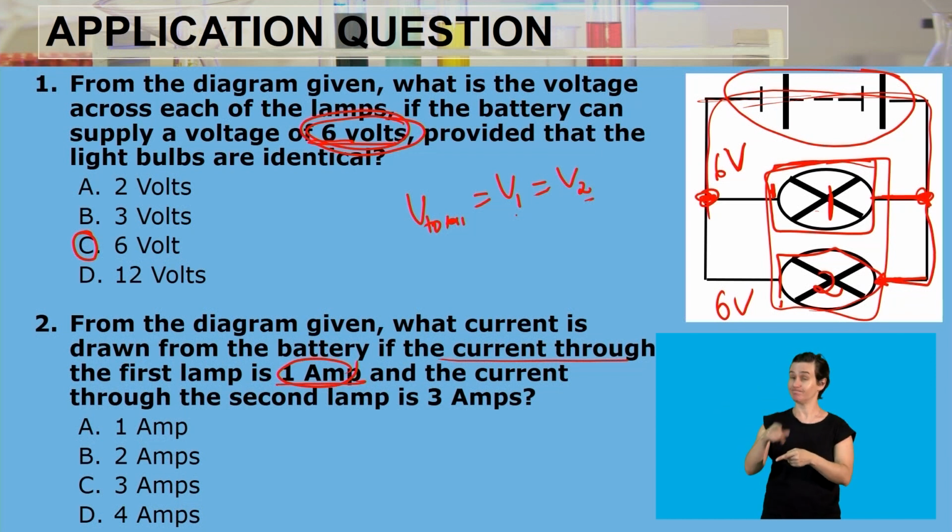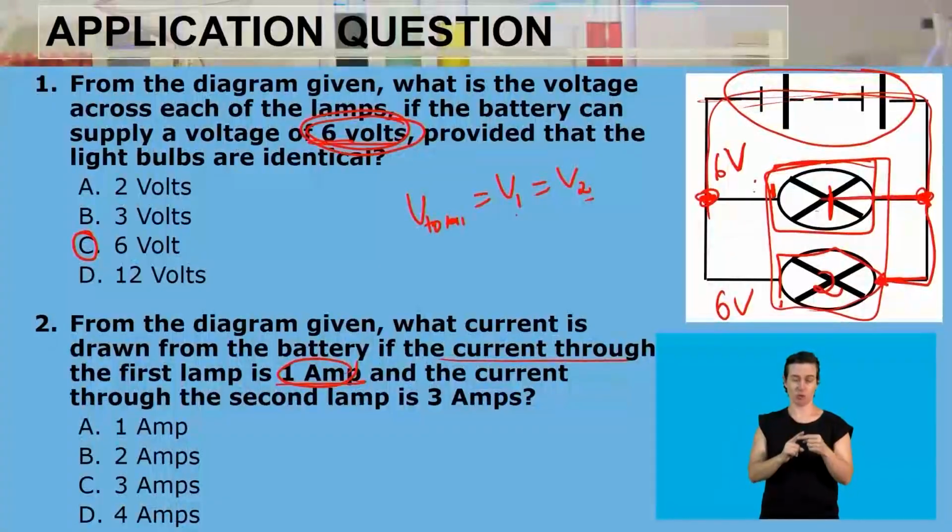Remember, in parallel the current divides. It divides proportionally, and still the sum of the currents in each of those resistors, in this particular case the 2 resistors that we have, is going to be equal to the total current.